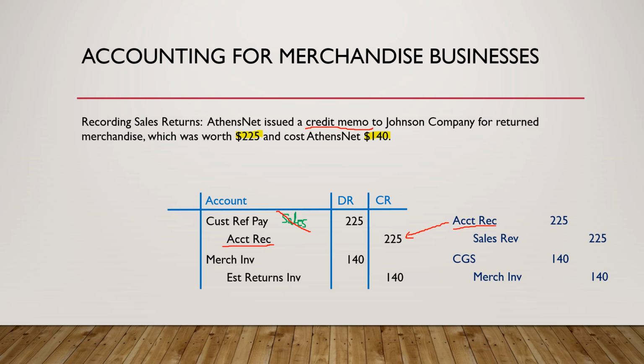We debit customer refunds payable. We already debited sales when we estimated our sales return in our previous year's adjusting entry. Likewise, we don't need to credit cost of goods sold when the return is made, because we already did so in that adjusting entry.